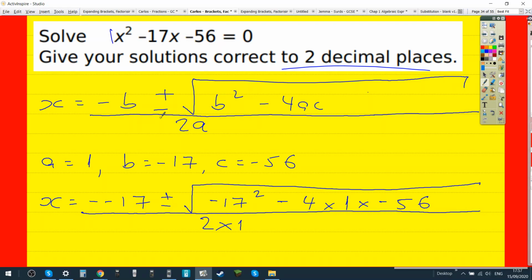Oh wait, the minus 17 needs to be in brackets, right? Well done. And in theory, every number would be in a bracket, but that's the only one that doesn't work out. Okay, so for the first one, I got 16.07.